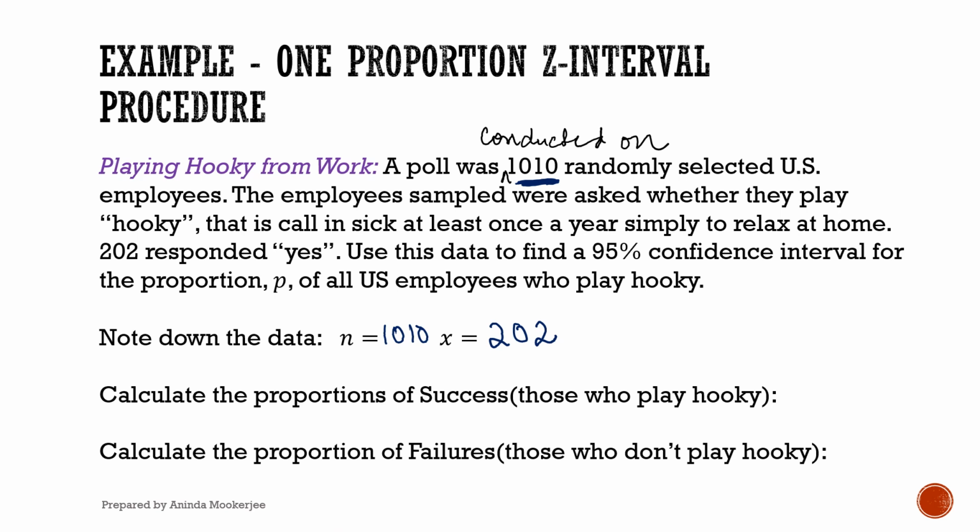That would be x over n. Keep in mind the formula for P hat. Here we are calculating the sample proportion. So P hat equals x divided by n. So P hat will be equal to 202 divided by 1010, and that comes to approximately 0.20. So we can write here P hat equals 0.20.